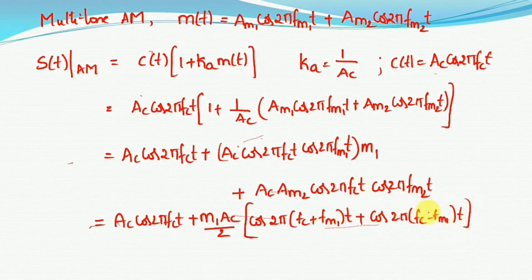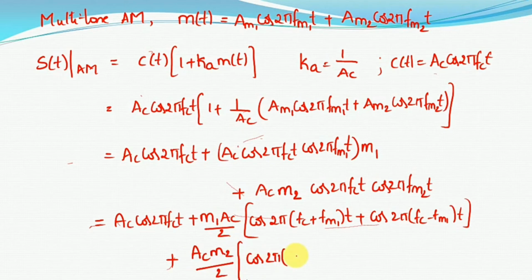So one is the upper sideband and the other the lower sideband of signal frequency fm1. Now for the second frequency fm2, using the trigonometry relation I can write Ac m2 by 2 into [cos 2 pi (fc plus fm2) t plus cos 2 pi (fc minus fm2) t].